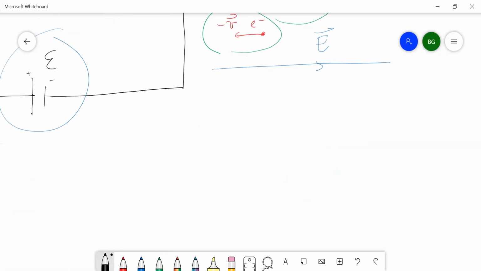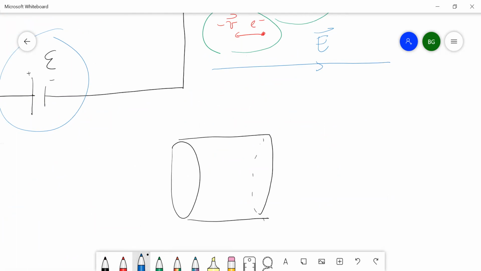So if we, for example, again take a conductor, there is a hole here, a plus, with the velocity Vd.